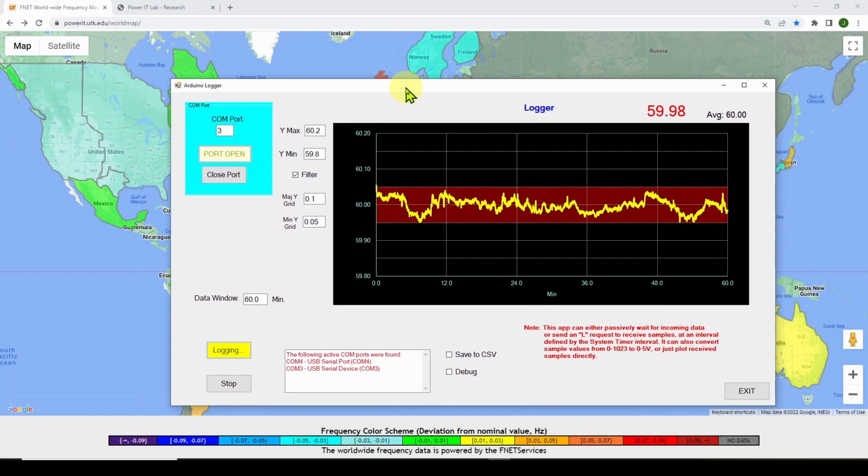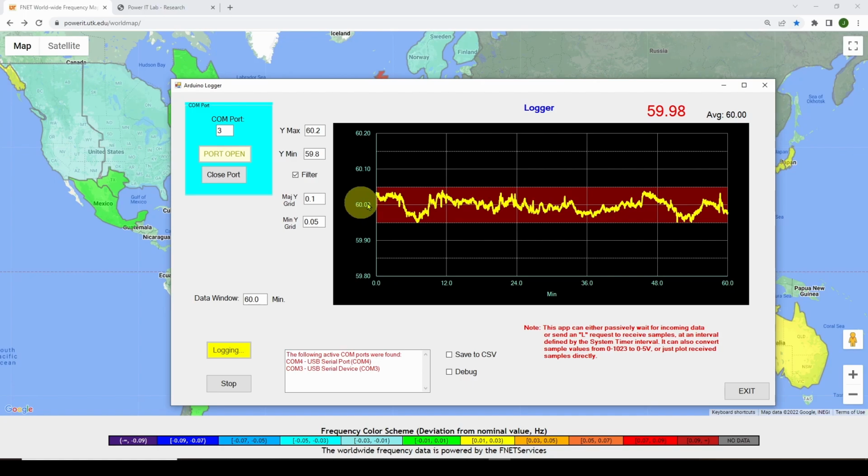We also developed an application like you see here, and this is measuring the actual frequency of the wall outlet voltage at my location. It's a very simple C# application, and the only hardware it's using is a very low-priced, inexpensive Arduino hooked up to the USB port on my computer, and it's measuring over time the actual wall outlet frequency.